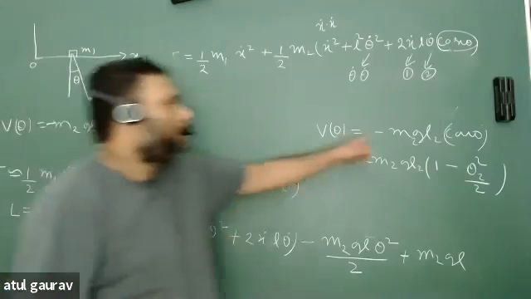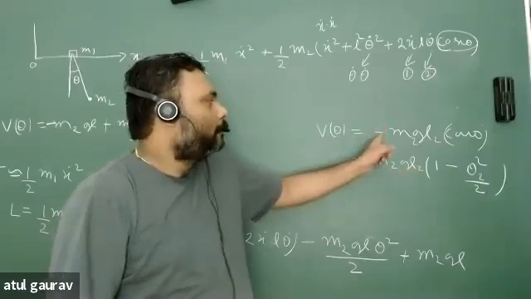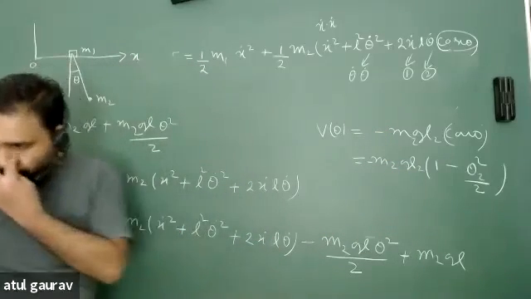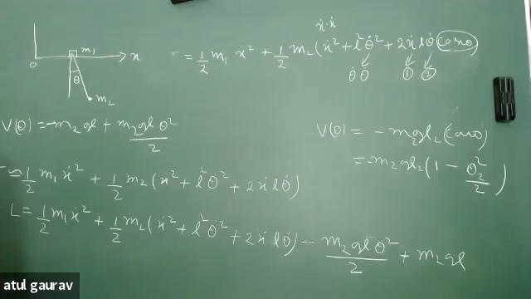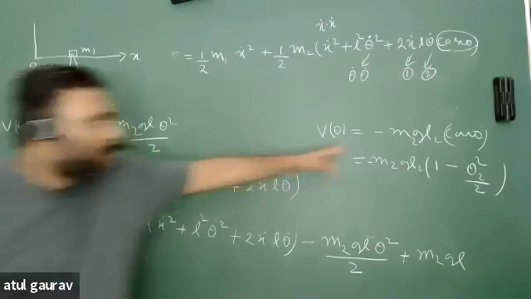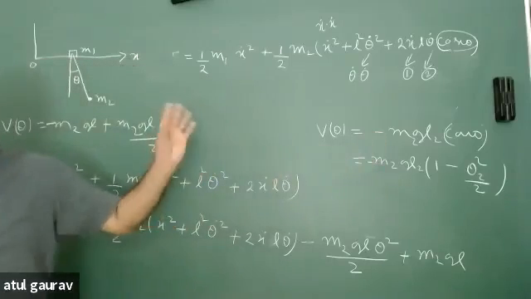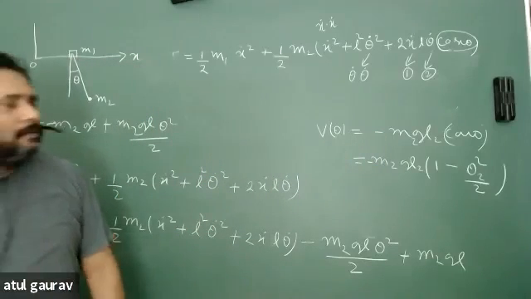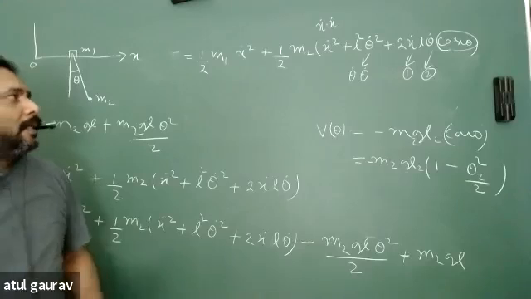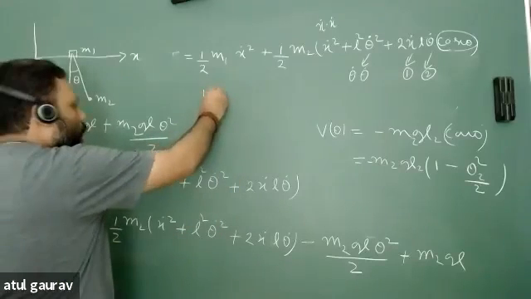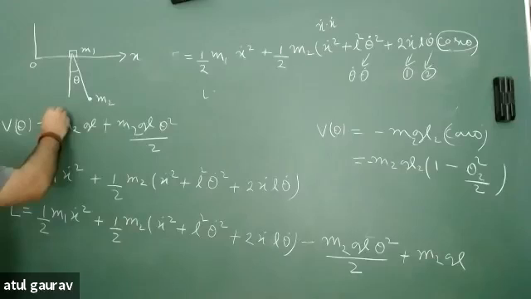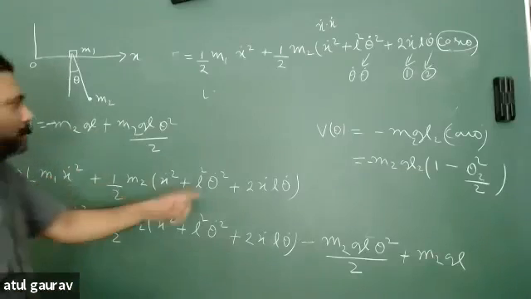Earlier I had just forgotten this minus sign. L is equal to T minus V, so I have taken this minus sign, so this will be minus and this will be plus.